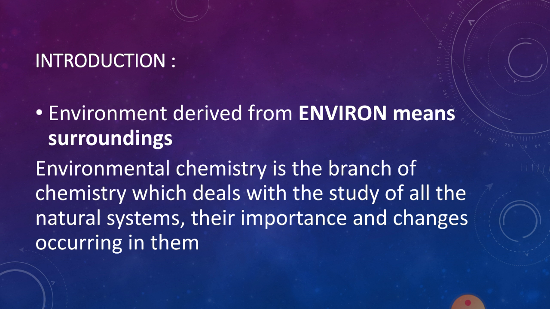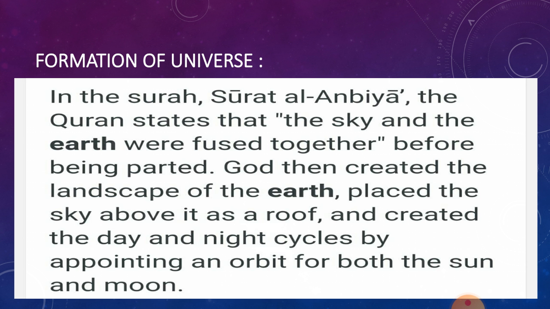So we will look at our basic source of knowledge, which is the Holy Quran. According to the Holy Quran in Surah Al-Anbiya, the Quran states that the sky and the earth were fused together before being parted. God then created the landscape of the earth, placed the sky above it as a roof, and created the day and night cycles by appointing an orbit for both the sun and the moon.